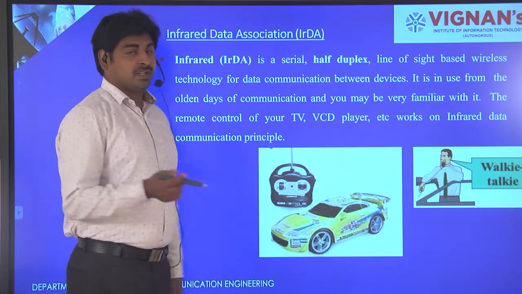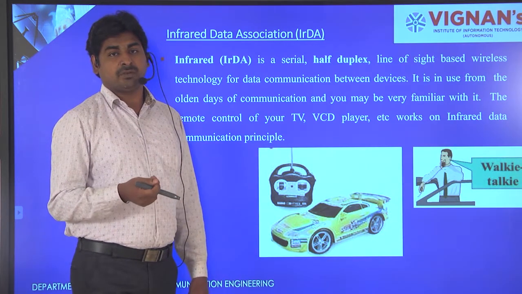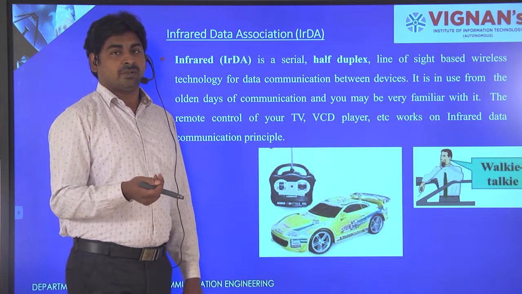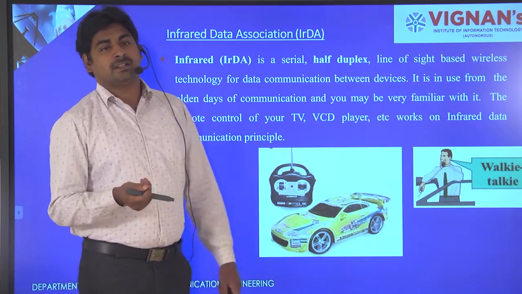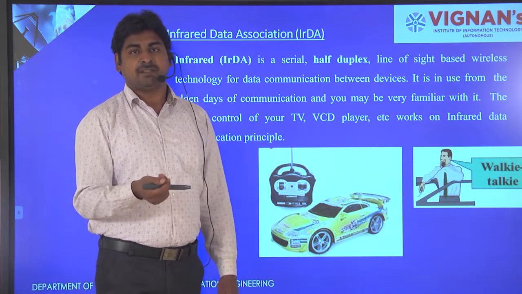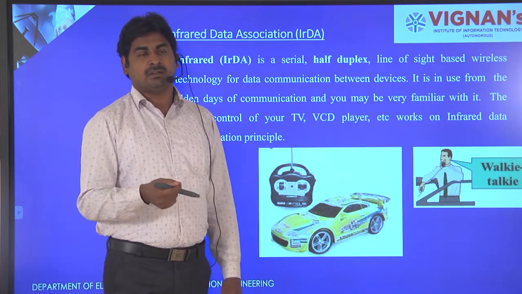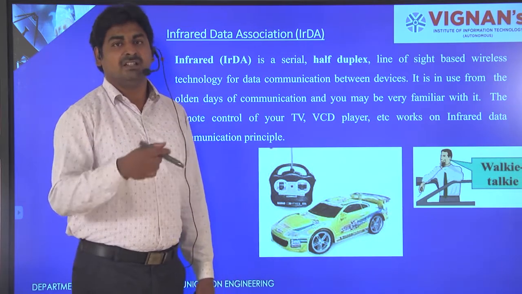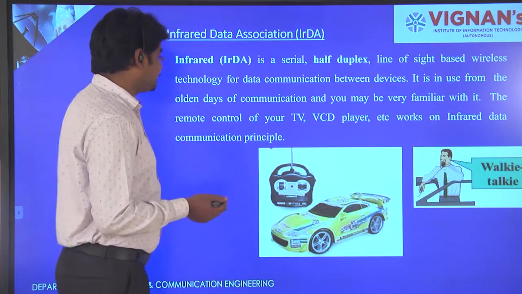Like your TV remote, which consists of an IR device, you can only operate the TV by pointing your remote towards it. If you point your remote in other directions, you cannot control the TV, because a line of sight should be there between the devices.